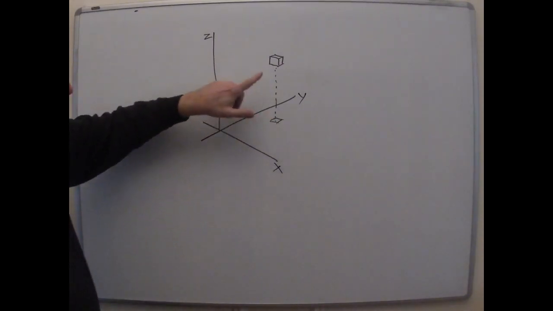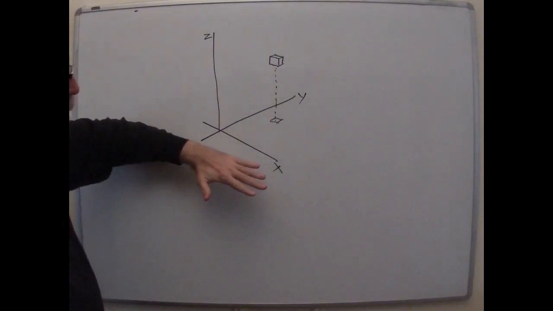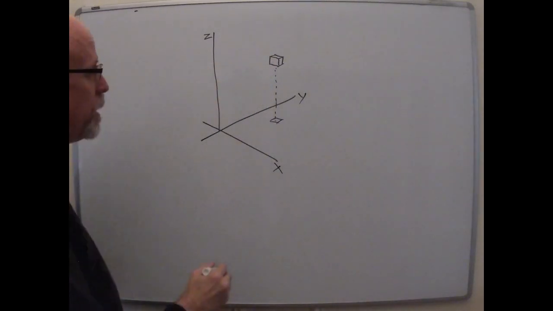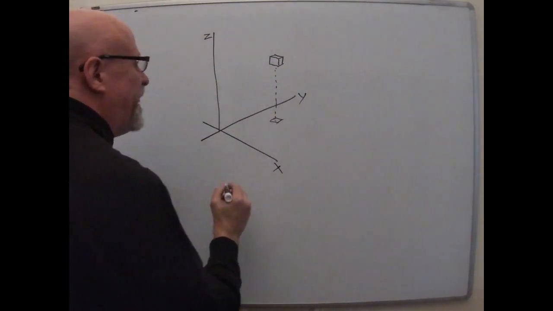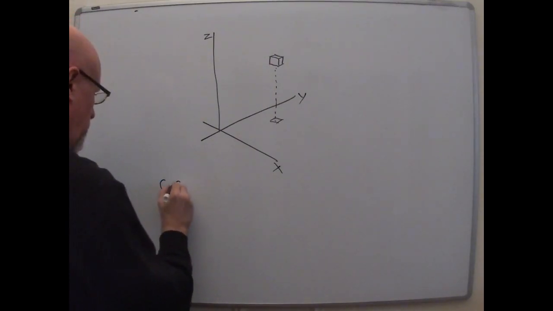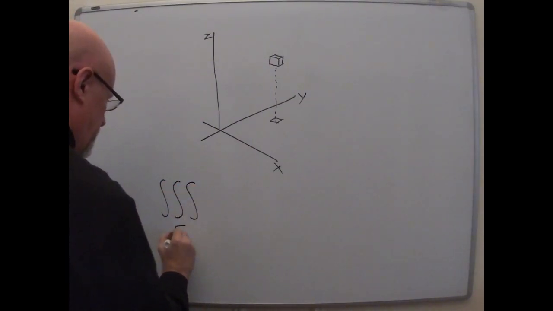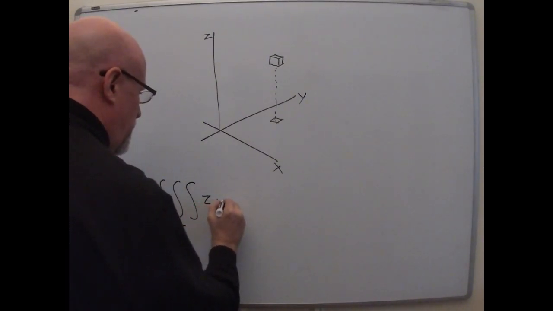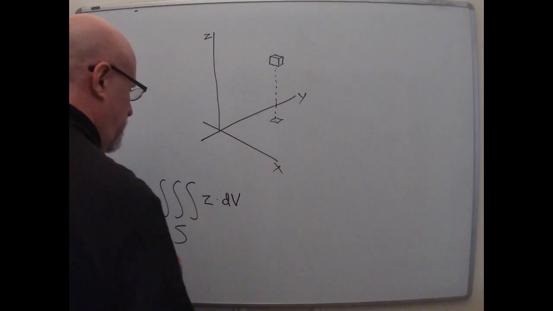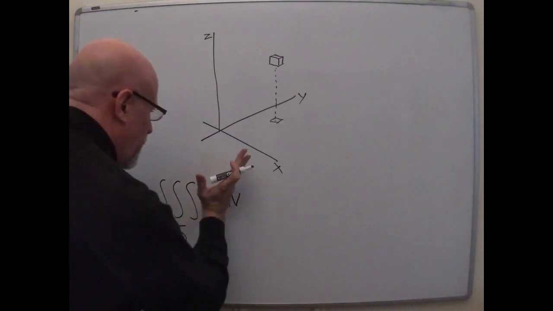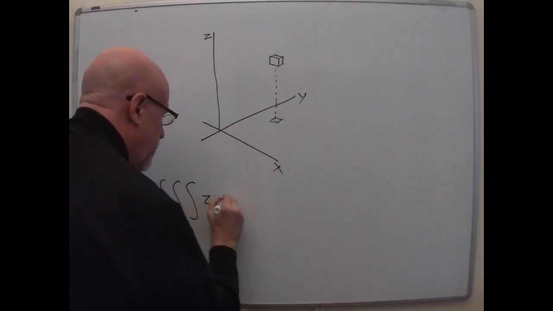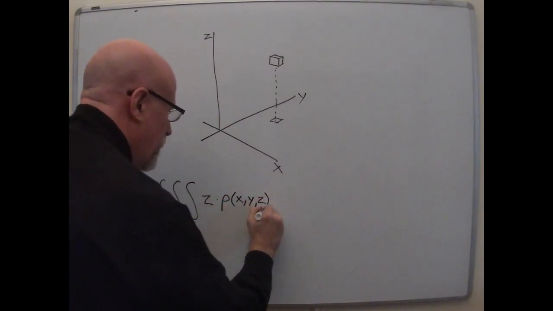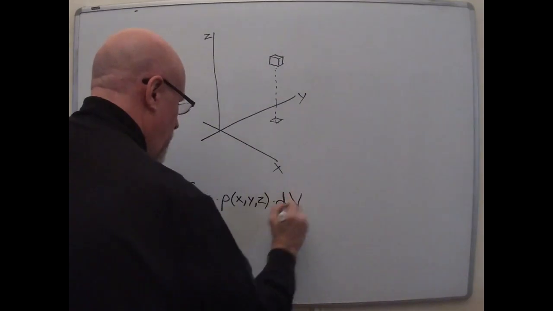How far that little cubelet is from the xy plane, that's the z coordinate of it, isn't it? So what we're going to do, if we do a triple integral over the region of z times differential volume, oops, sorry, might be a function of x, y, and z that gives you the density as well, and then dv.